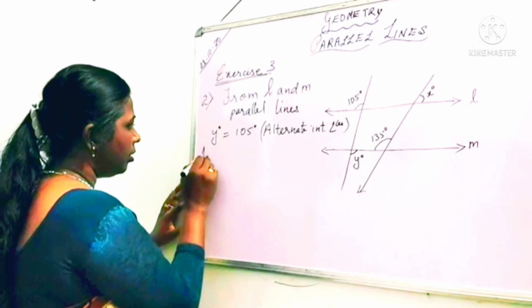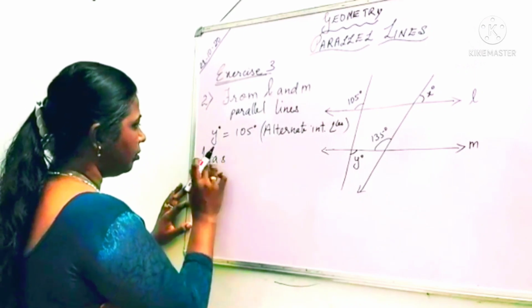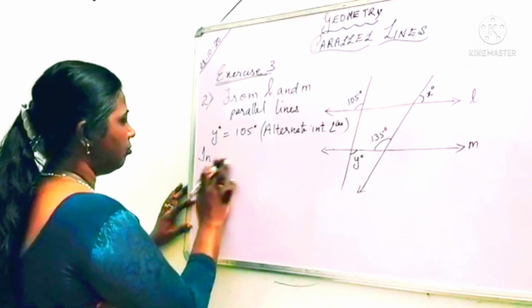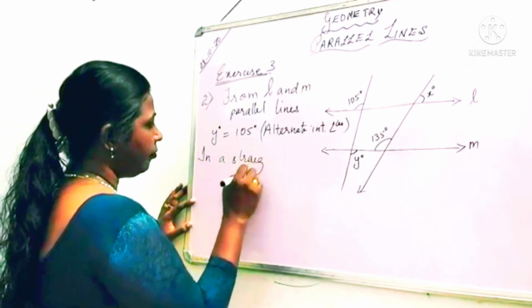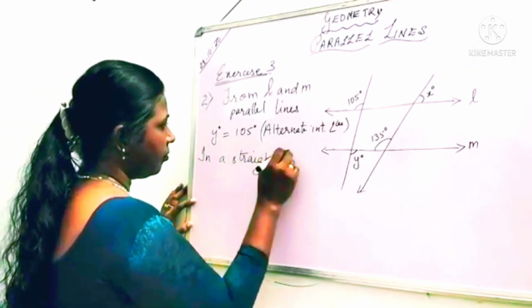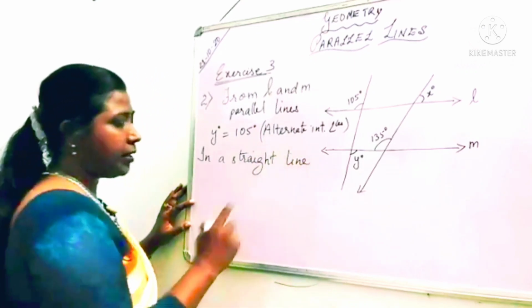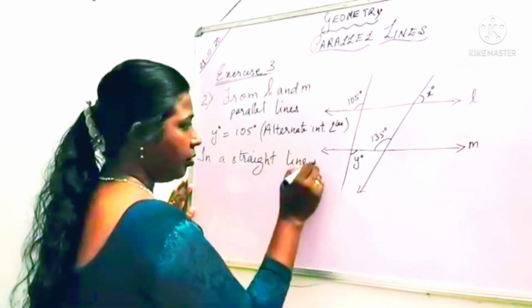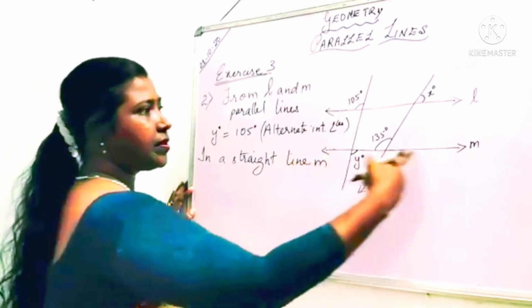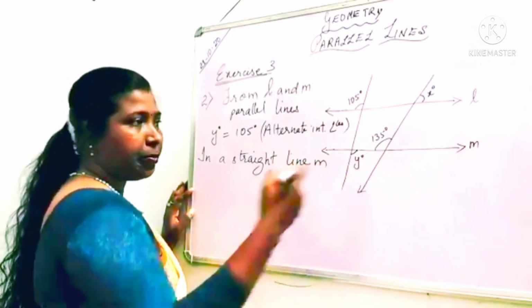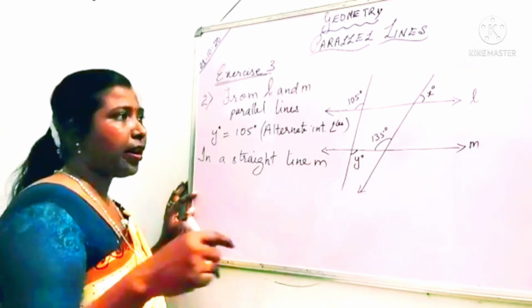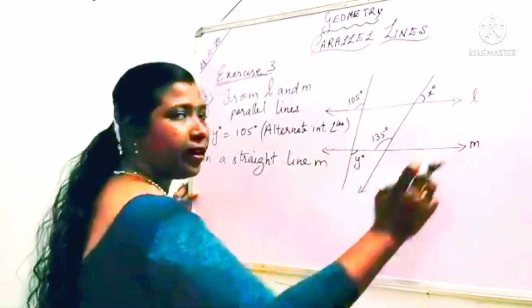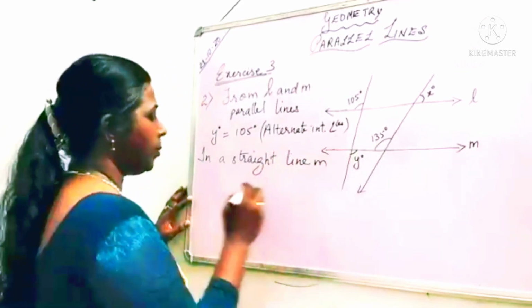In a straight line M, a straight line means this is a linear pair. In your doubts also I cleared, if it is a straight line, that means it is a linear pair angle.